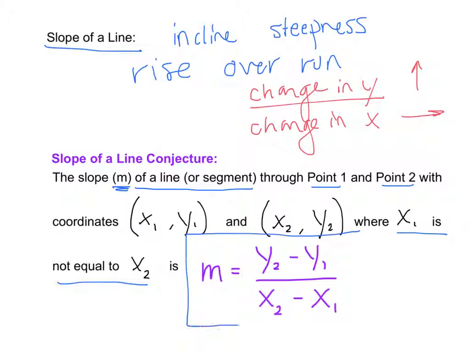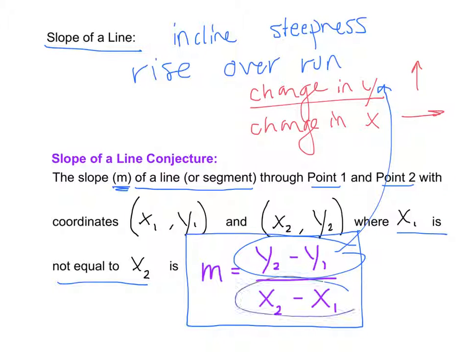M equals y2 minus y1 over x2 minus x1, and that's going to be our equation for finding slope. As you can see, here we're finding the change in y, and here we're finding the change in x. So essentially it is rise over run.